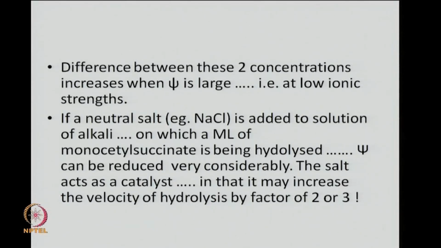Now, you could think of presence of a neutral salt like NaCl added to the solution of alkali on which a monolayer of monocetyl succinate is being hydrolyzed. By adding neutral salt, psi can be reduced very considerably, and that means salt unexpectedly acts as a catalyst, and it may increase the velocity of hydrolysis by a factor of 2 or 3.